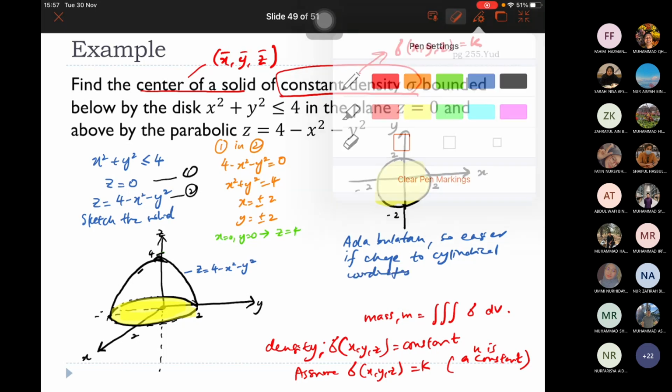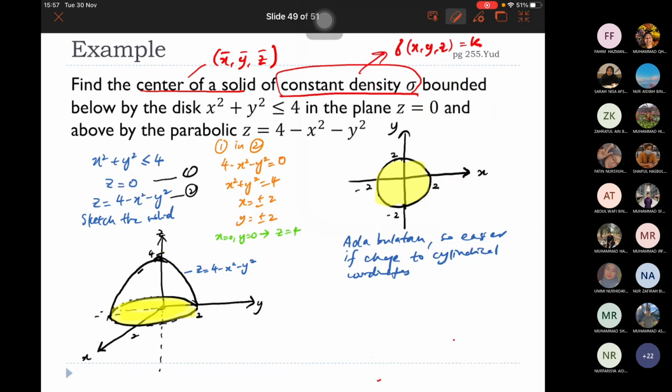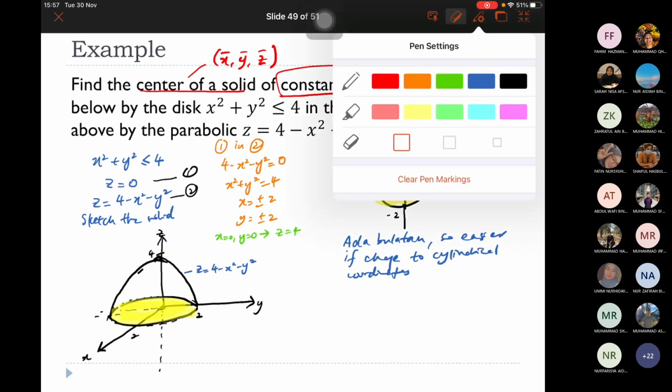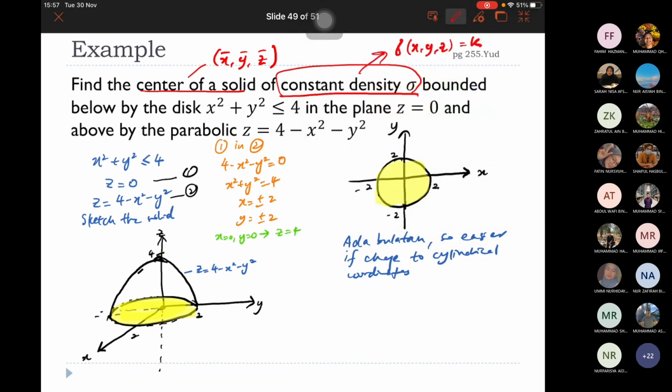Okay, change into cylindrical coordinates by which you are going to have triple integral over the bounded region G, the density dz, dr, d theta. So determine z daripada berapa ke berapa, r daripada berapa ke berapa, theta daripada berapa ke berapa. So we will make use this one to determine your r and also your theta.